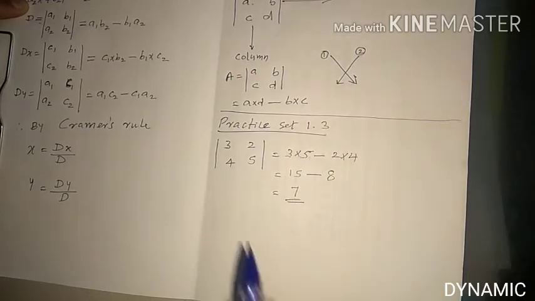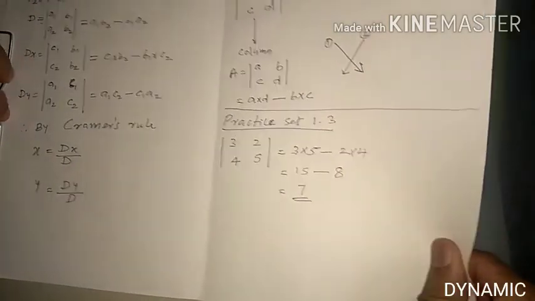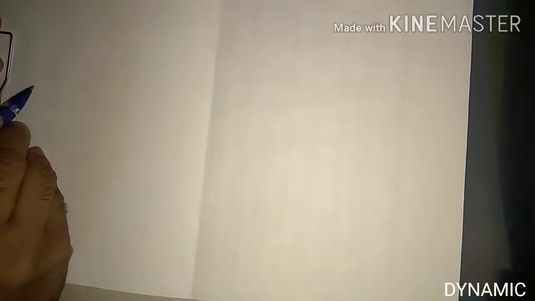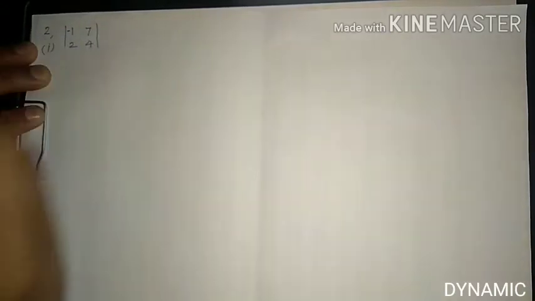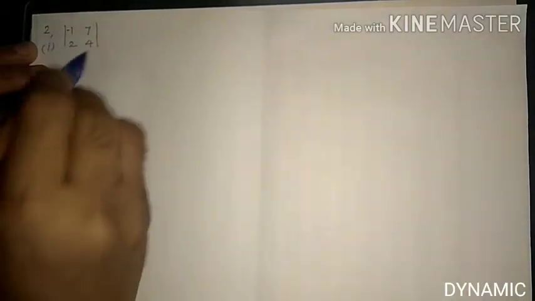Now we have to start with question number 2. I do sub-question number 1 first: minus 1, 7, 2, 4. This we expand horizontally.